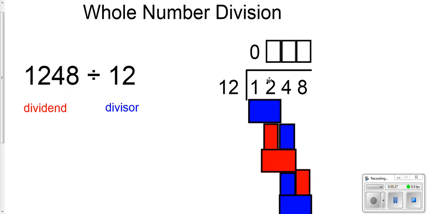We're not looking at 2, we're looking at all of 12 here. 12 goes into 12 one time. 1 times 12 makes 12, and now we subtract. 12 minus 12 comes out to 0.